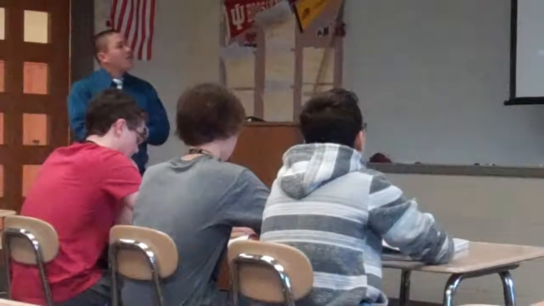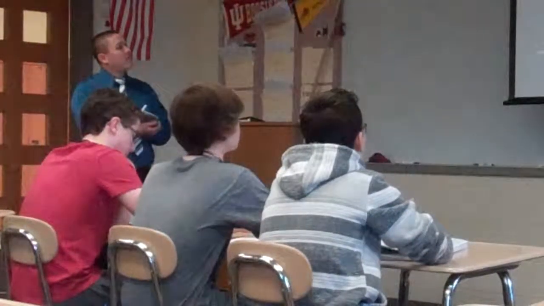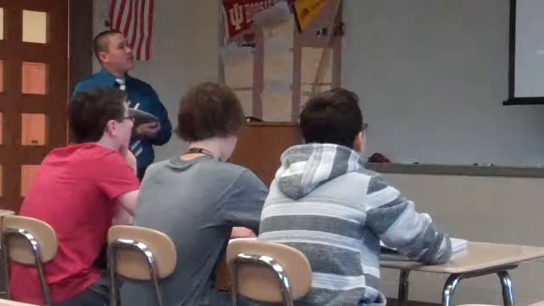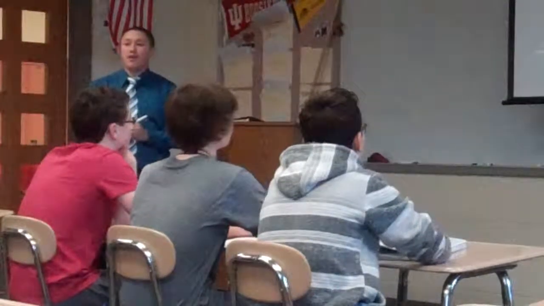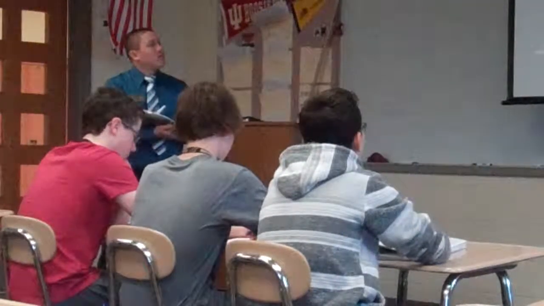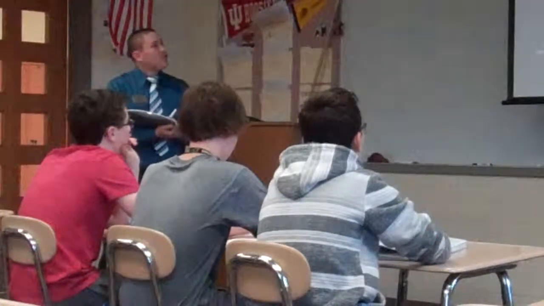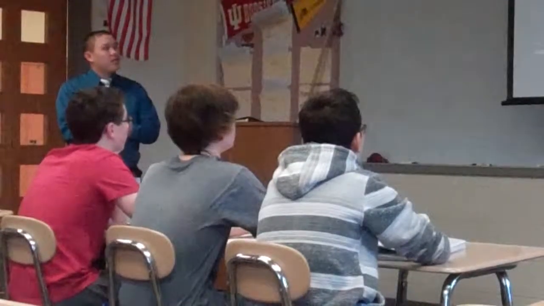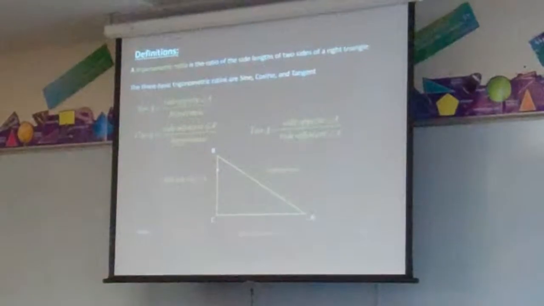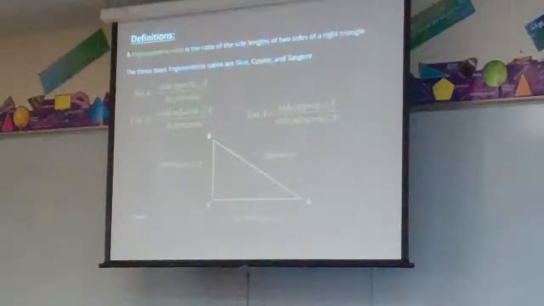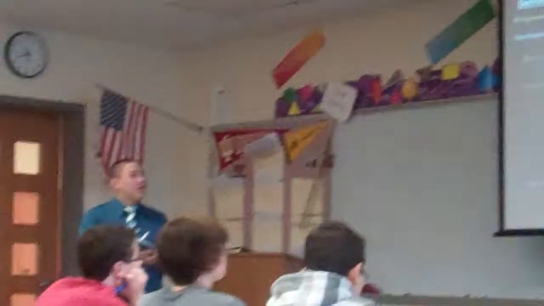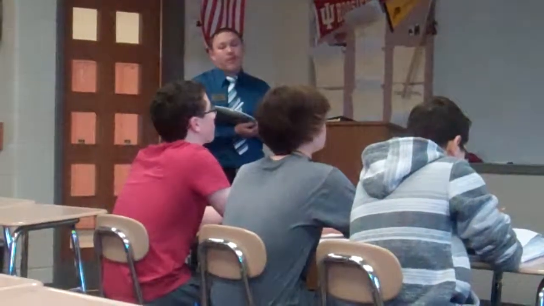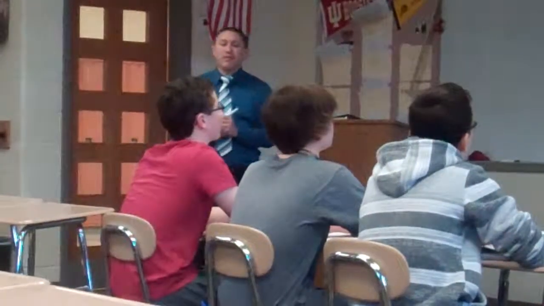So do you notice how the proportions are just a side over another side based on where we set up or choose the angle for that? So side opposite, side adjacent, and the hypotenuse. And we can do the same thing for the other angle as well. So if we were to use angle B, this is the adjacent side, this is the opposite side, and the hypotenuse is still the same.